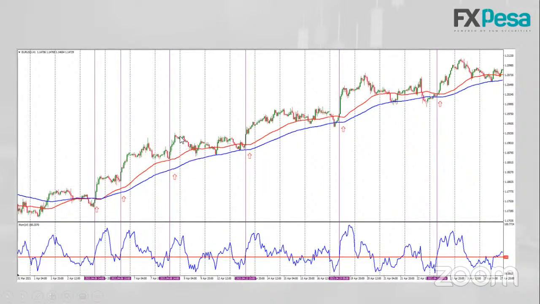Under normal circumstances, you'd have price making an impulse move to the upside. But once that push has ended, price would tend to push towards the two moving averages. So you basically await price pulling towards the two moving averages, or even a single moving average if you're working with just one.